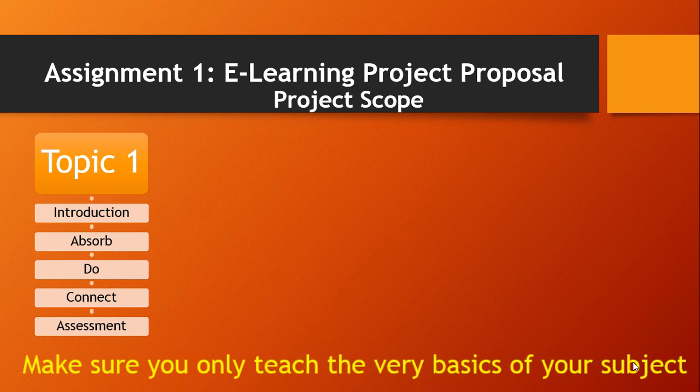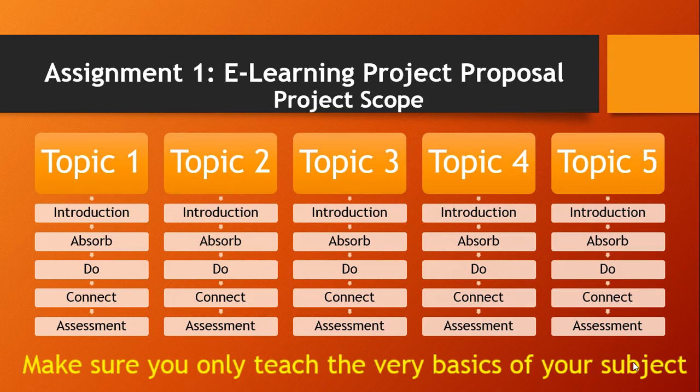The final screen for each topic will always be an assessment. It doesn't matter if you don't want to grade your learners, you always have to assess whether the learners are learning from the products that you create. So for each topic, for each objective, you will have a form of assessment, whichever way it is. It doesn't matter, but you do have to have it. You're going to have to do that for all 5 topics.